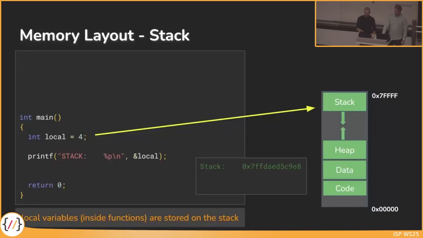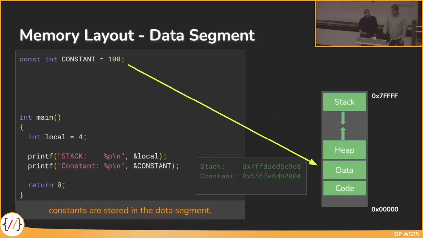So again, if you have this function here, this main, and we have a local variable, and you print the address of this local variable, we see something like this. So an address of 0x7FFFF, very, very high in this user space. So local variables, which are always inside functions, are stored on the stack. Constants, for example, like this, if you define it with const, are stored in the data segment.